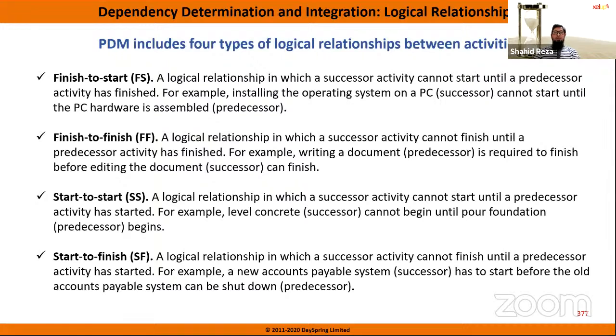Okay, so now we are going to see dependency determination and integration, the logical relation between tasks. We need to find out what the relationships between the tasks are. There are actually four kinds of relationship you may find in the tasks.